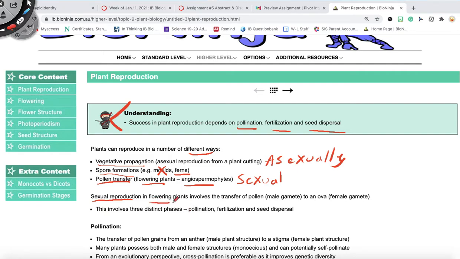So we're going to be looking at how flowering plants do this and how they transfer pollen, which includes the male gamete or the male sperm, to the ova, which is the egg, or the female gamete. So we're going to look at these three distinct phases of pollination, fertilization, and seed dispersal.